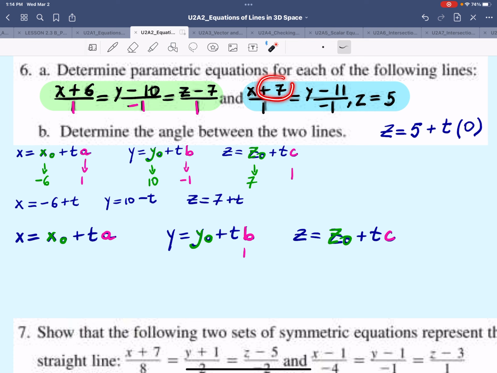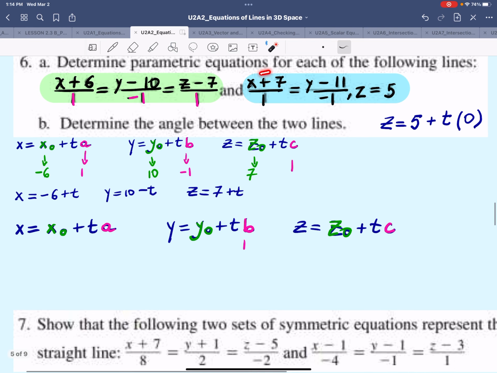It seems that x0 must have been -7, so minus a -7 has given a +7 here. For the y coordinate, we have subtracted a +11, so that makes y0 11. And for z, as you can see in here, we have 5, and that's what we're going to write for z0, 5.